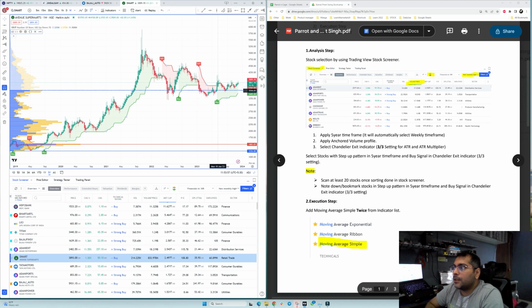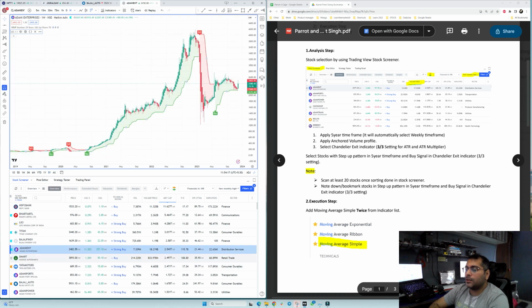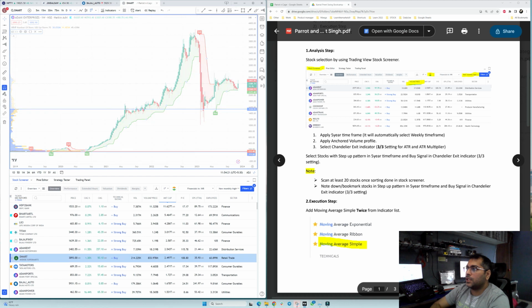Then this was the signal candle. This was the entry candle. Entry was never made. Again, signal candle came in. Okay, so Adani Enterprises chart, DMART chart.